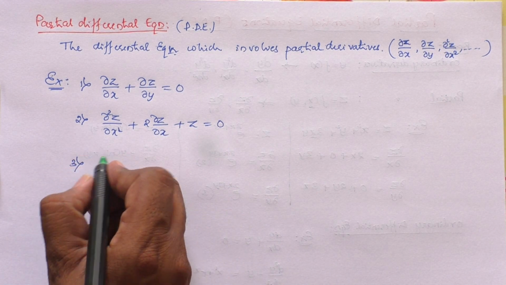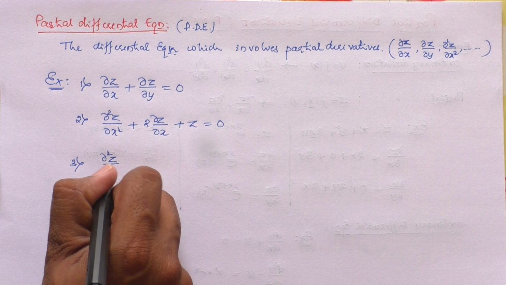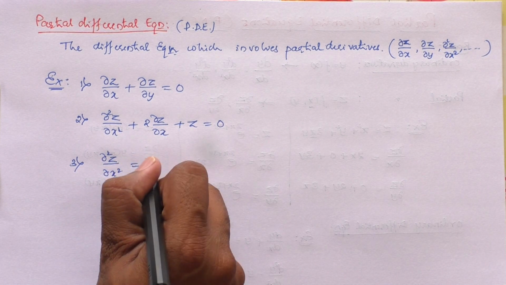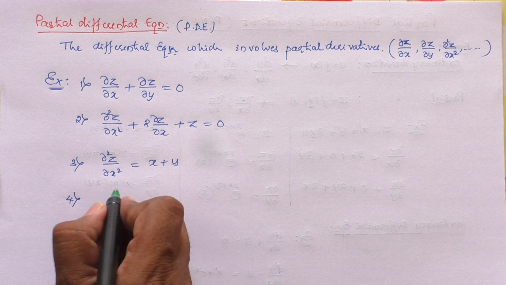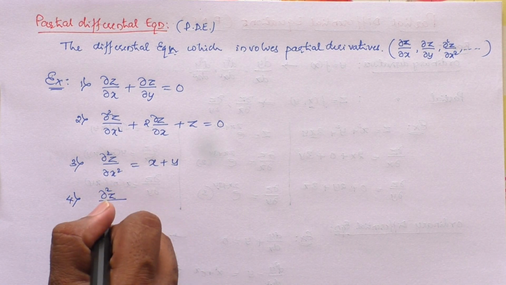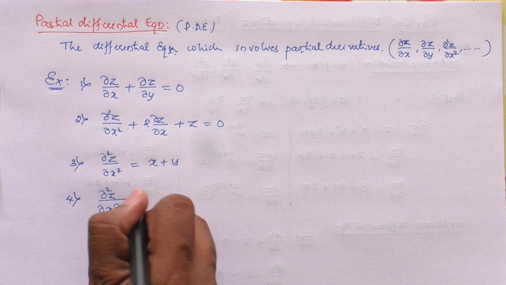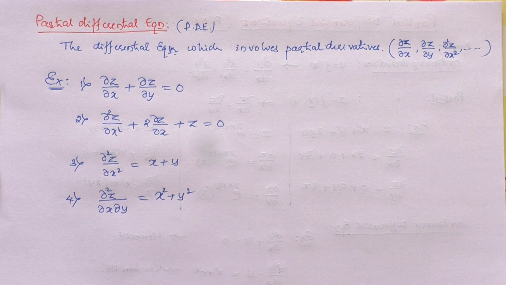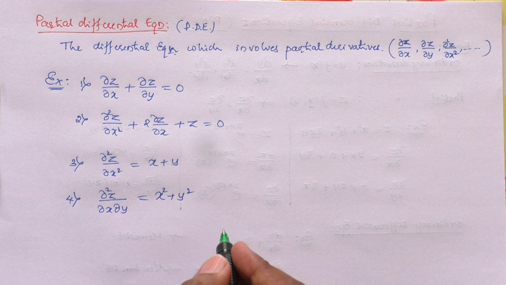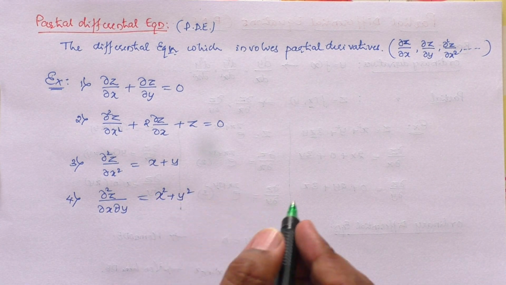Another example, dou square z by dou x square equal to x plus y. Another example, dou square z by dou x dou y equal to x square plus y square. So these are some examples of partial differential equations.